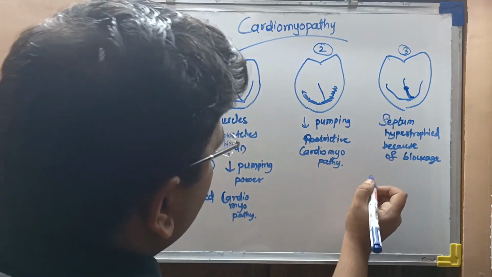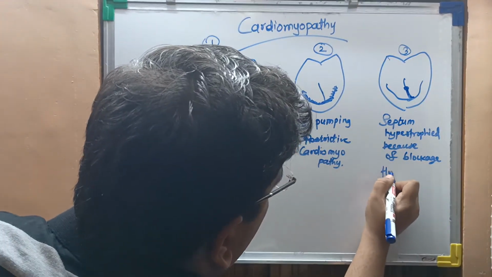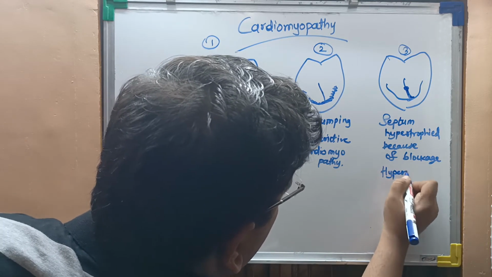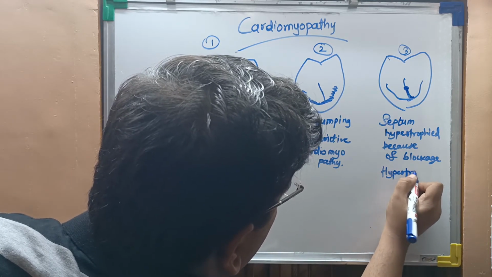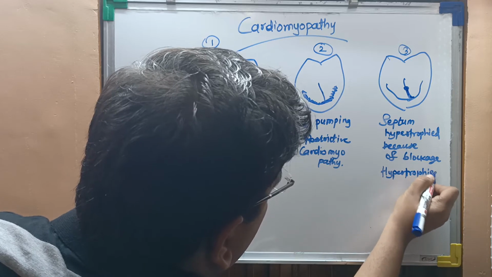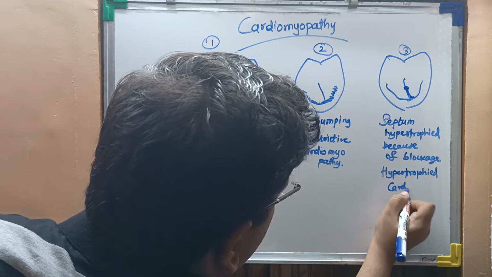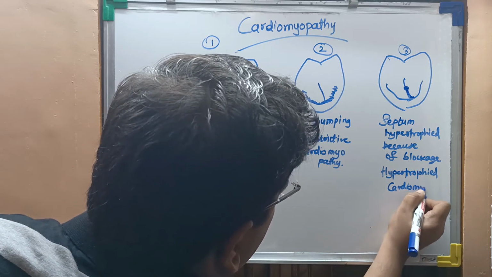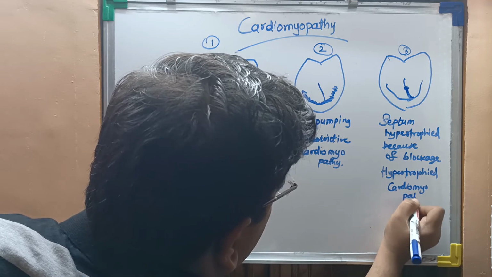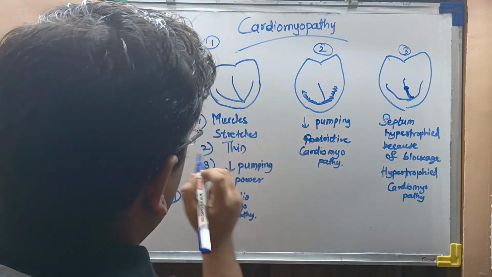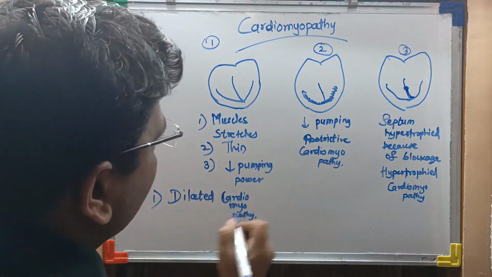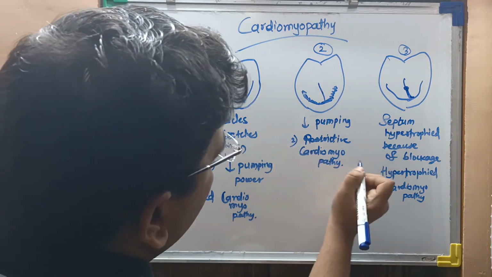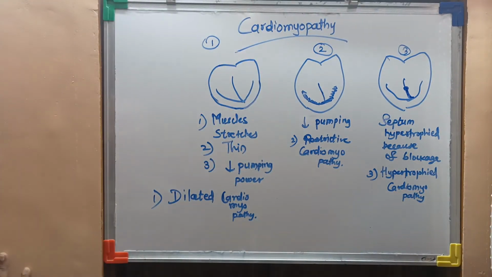So this is called hypertrophic cardiomyopathy. So the first one is dilated, the second one is restrictive, and the third one is hypertrophic cardiomyopathy.